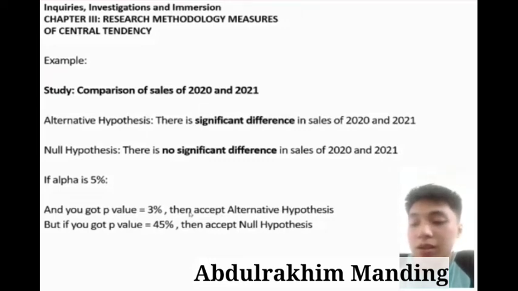There is no significant difference in sales of 2020 and 2021. If alpha is 5% and you got a p-value less than 3%, accept the alternative hypothesis. But if you got a p-value more than 5%, then accept the null hypothesis.